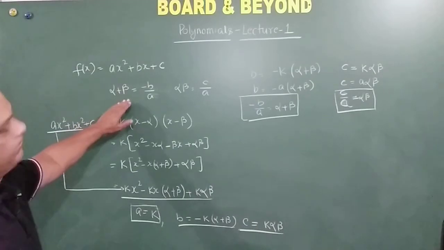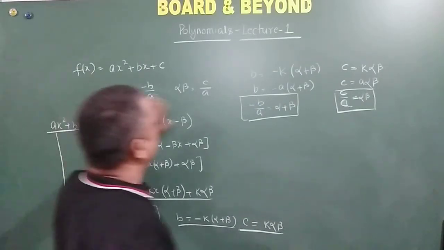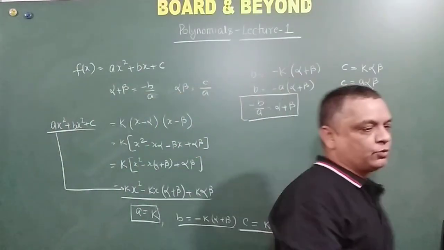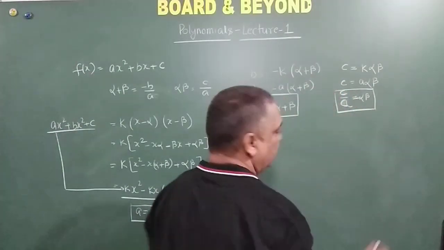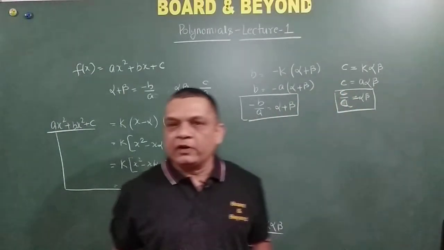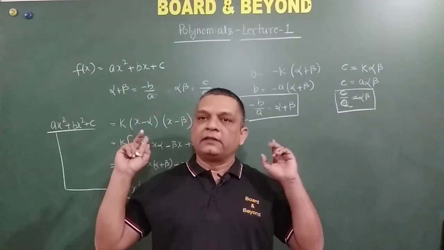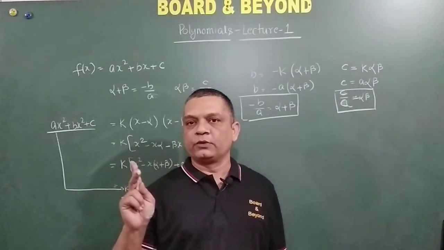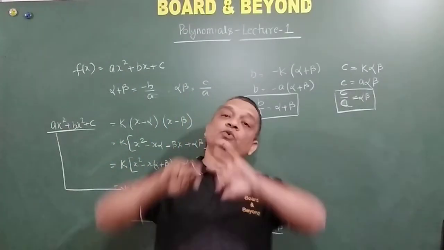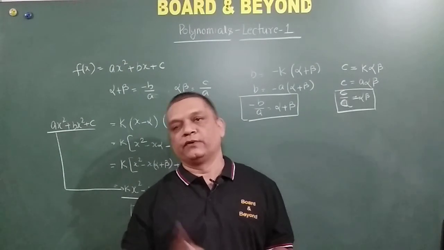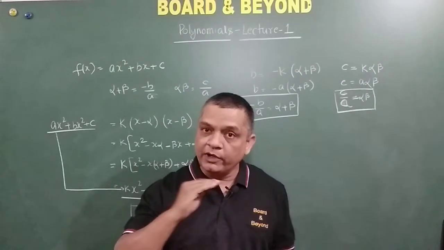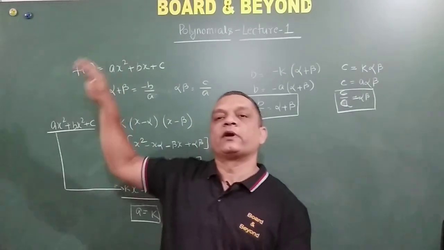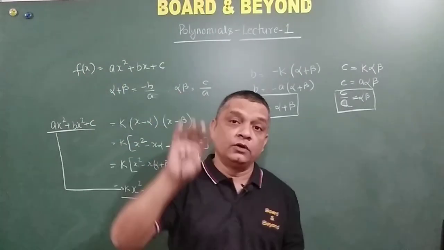Now, see friends, we have found out the relation between the roots and the coefficients of a quadratic polynomial. Now friends, another important concept. Let's say the sum of the roots and the product of the roots are given to you, or the two different roots are given to you for a quadratic polynomial. How do you frame the quadratic polynomial if you know the roots?